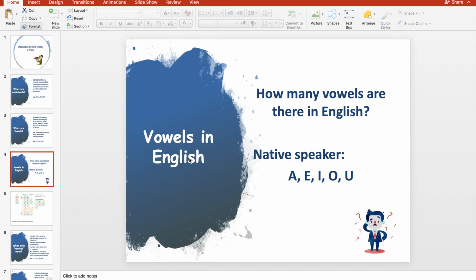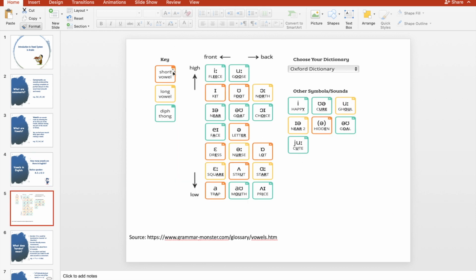If you asked a native speaker of English how many vowels there are in their language, they would answer there are 5 vowels. Well, this is not perfectly accurate, since in English there are more than 22 vowels between short vowels, long vowels, and diphthongs.